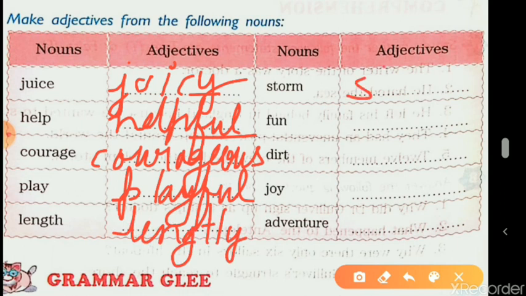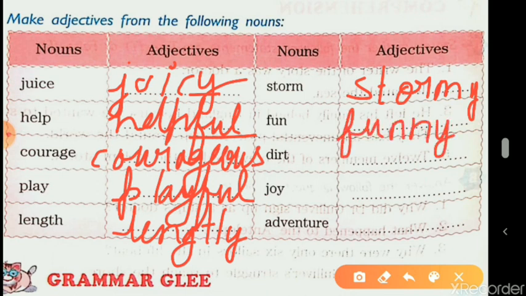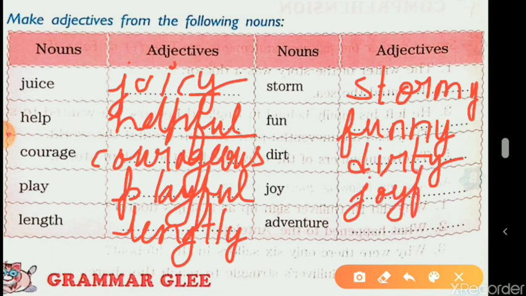Storm, stormy. These are the adjectives. They have been formed from nouns. Fun, funny. But this you have to add one more N and then Y. Dirt, dirty. Joy, joyful. Adventure, adventurous.